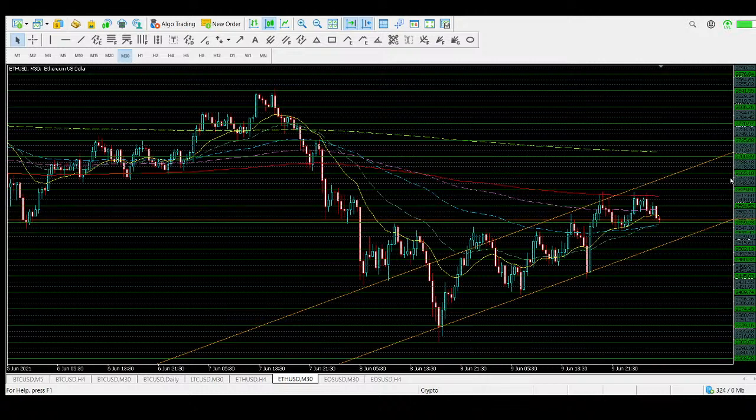Next level above that is around 2665 and 2700, which is around the 500 MA. That's another resistance level.